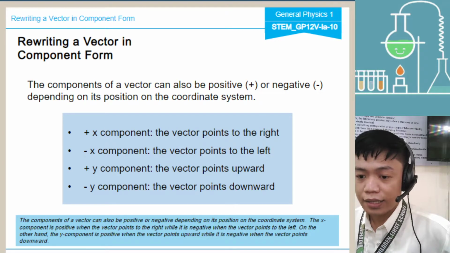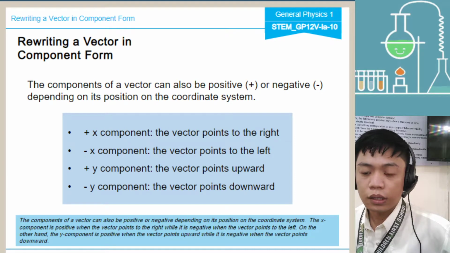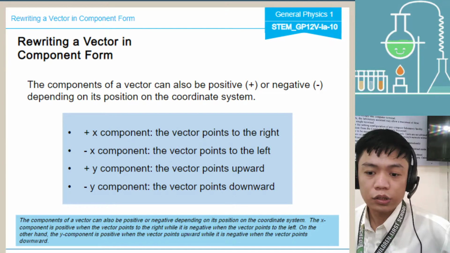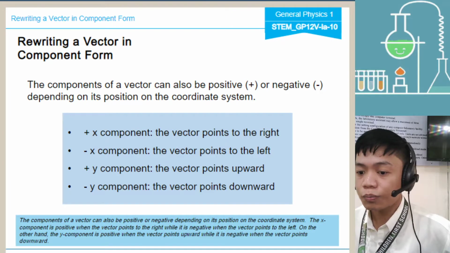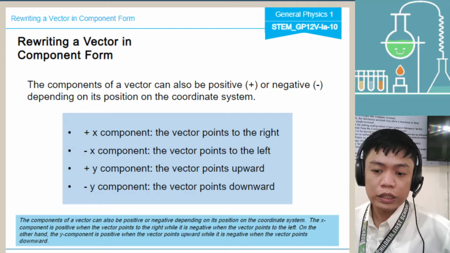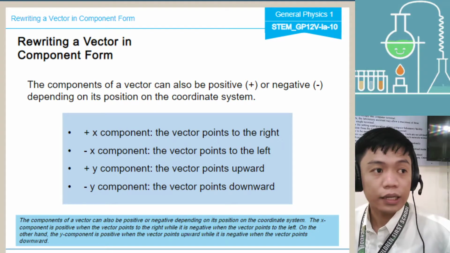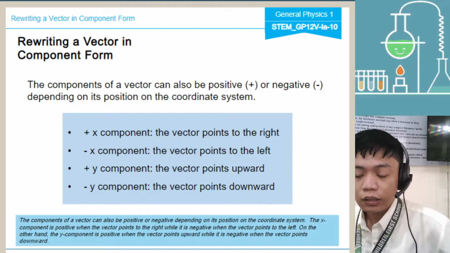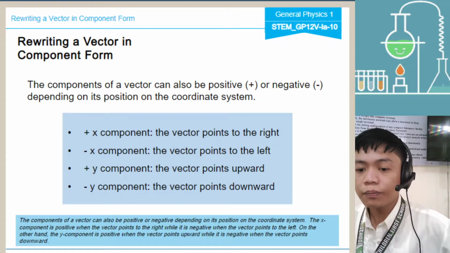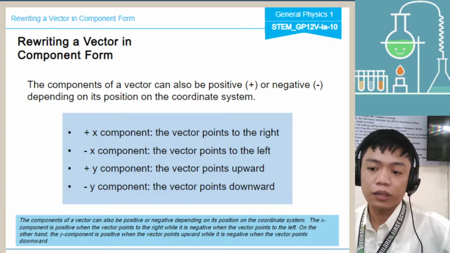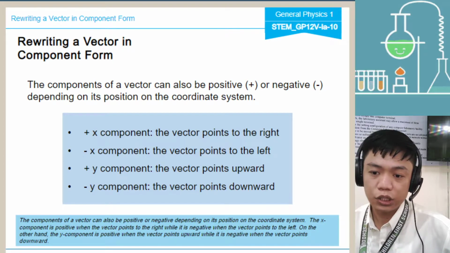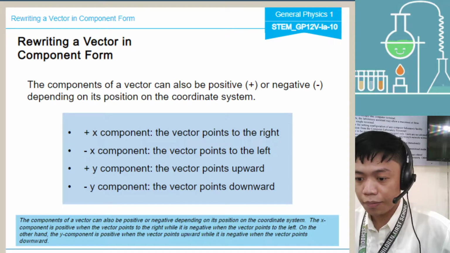Positive x denotes a vector pointing to the right. Negative x denotes a vector pointing to the left. Positive y denotes the vector points upward, and negative y denotes that a vector points downward.